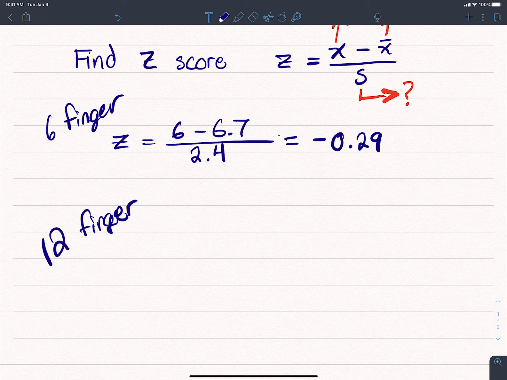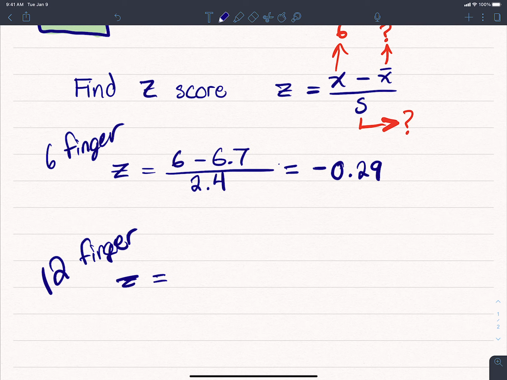We get Z equals, what are we going to put for X? 12. That's the value we're concerned with now. So we do 12 minus what? What are we subtracting? 6.7. The mean has not changed. And then we do divided by what? 2.4. The standard deviation hasn't changed.